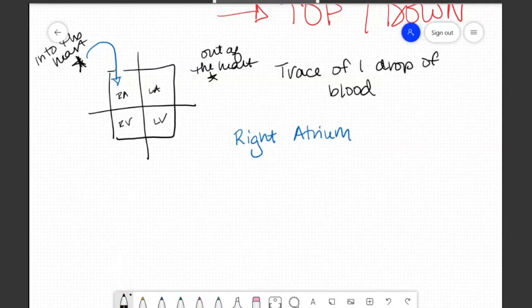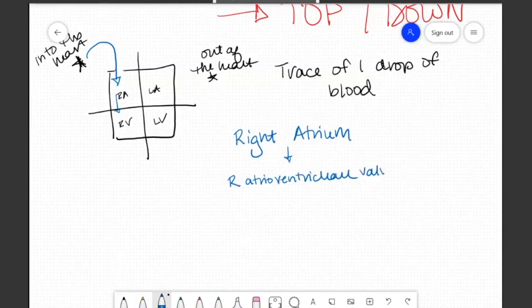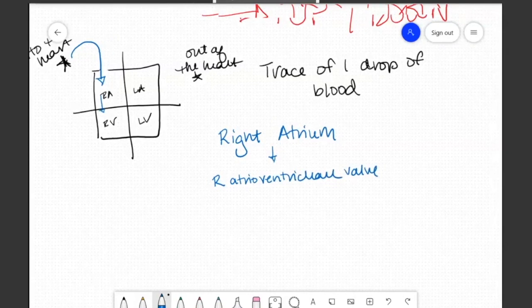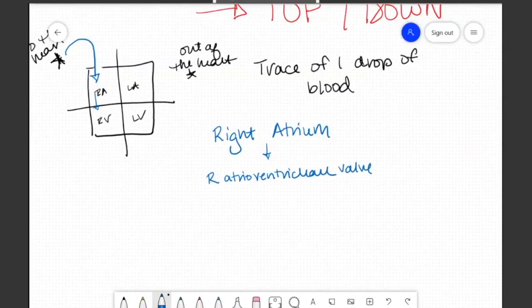Now it's going to go through the right atrium. Next, it's going to go down through that doorway. That doorway is going to be called the right atrioventricular valve. Remember, the other name for the right atrioventricular valve was the tricuspid valve.